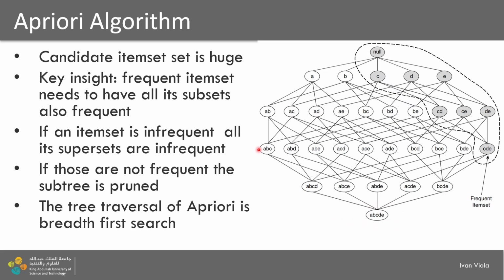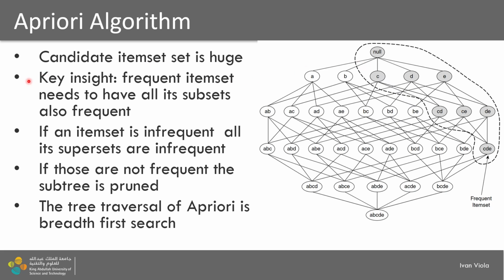So the topology of our item set space will look approximately like this. And within this space, there is an interesting observation. Even if this space is huge, we can potentially prune a lot of items from it by classifying those item sets as not really frequent.